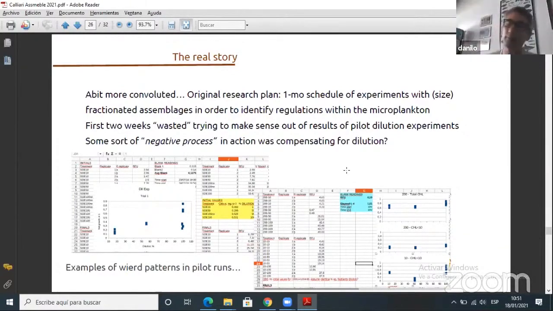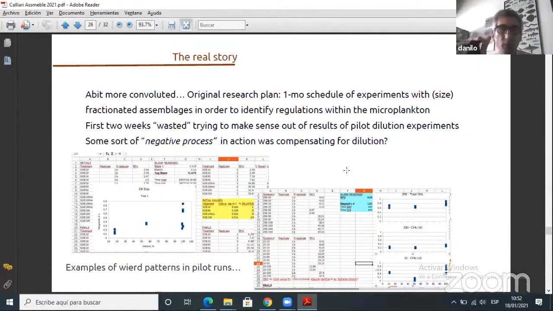But the point is that in the first two weeks, we performed many pilot experiments, and we got very weird patterns in the data, which are, of course, not uncommon, but they are not always reported in the literature.